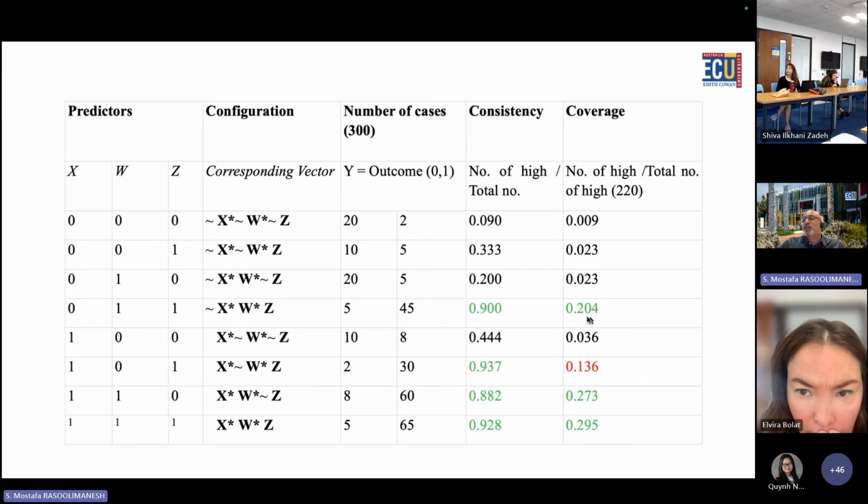So coverage is 0.2. So this is a sufficient configuration, where consistency and coverage are higher than the threshold. Consistency is higher than 0.8 and coverage is higher than 0.2. So actually this is the only example to understand.